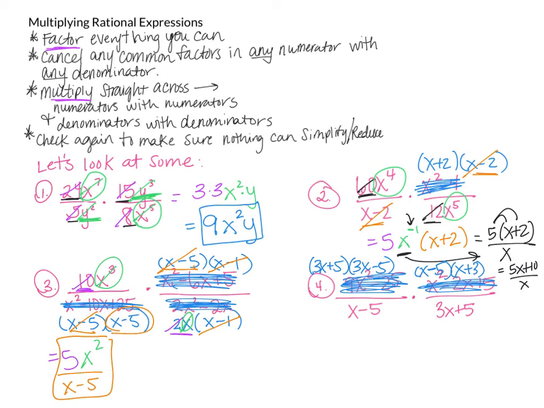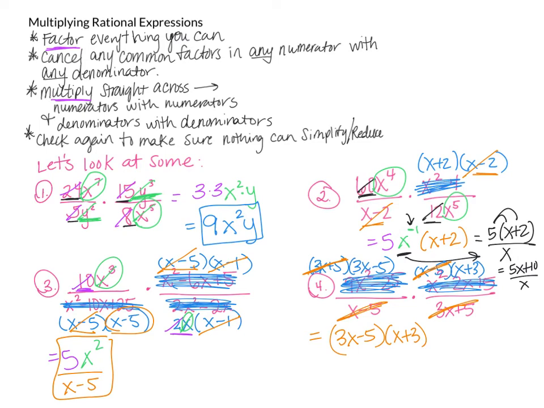Now there are no numbers or just variables to cross off like in the last ones, so I'm going to move straight on to my factors. I notice that I've got a 3x plus 5 in the numerator and in the denominator. I've got an x minus 5 in the numerator and the denominator. That's going to leave me with 3x minus 5 and x plus 3.